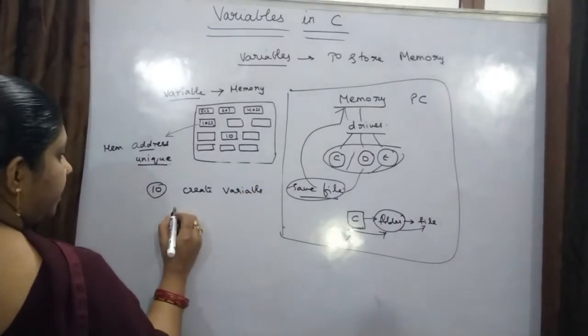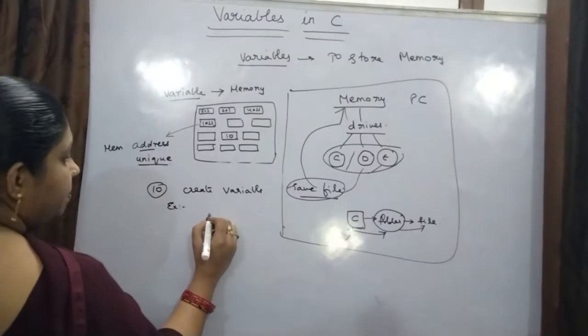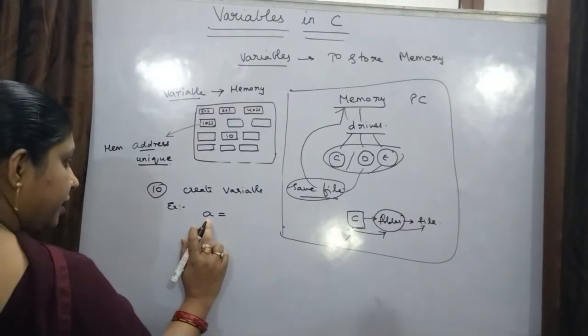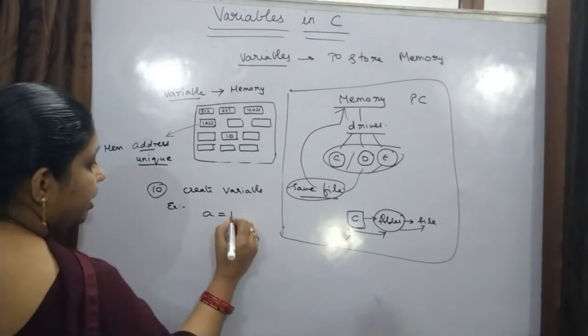Now, for example, how will you create a variable? Suppose I have written A as a variable, and I am assigning 10 to it.